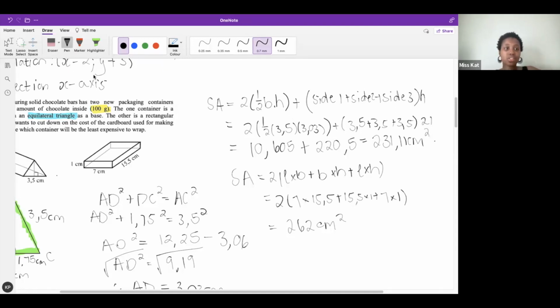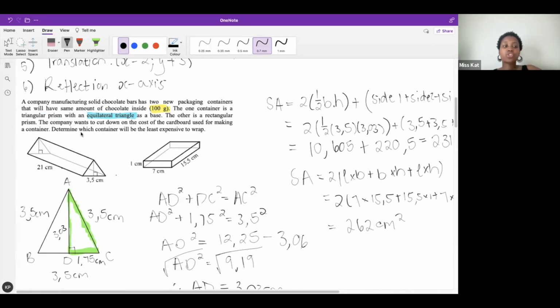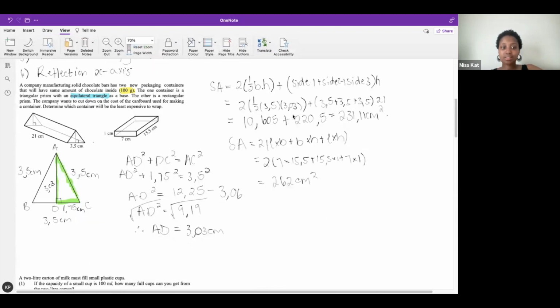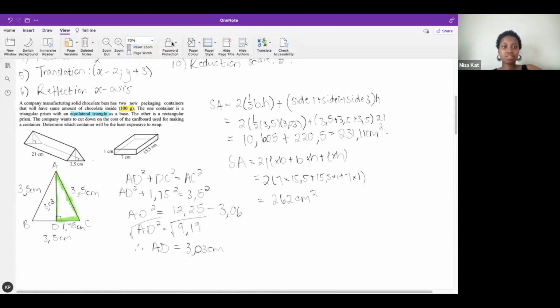Yes, so the one that's cheaper is the triangular prism. Okay, guys, we learned a lesson about calculators today. Thumbs up, thumbs down. Do you guys understand what happened here? Okay, 1 thumbs up, 2, 3, 4.